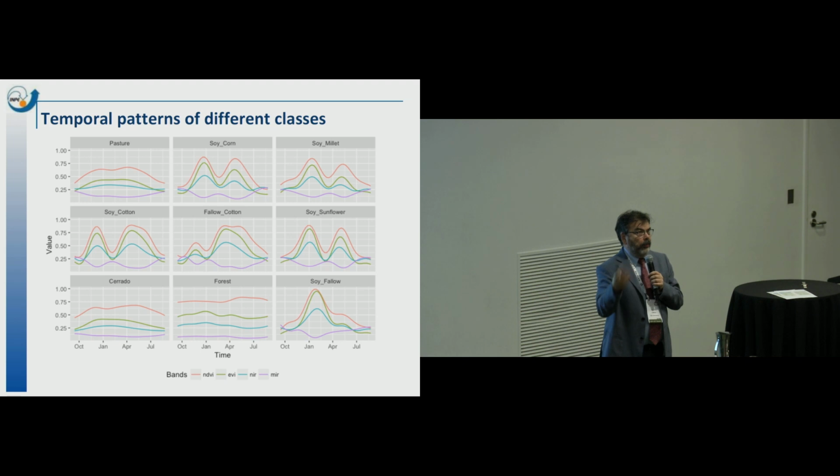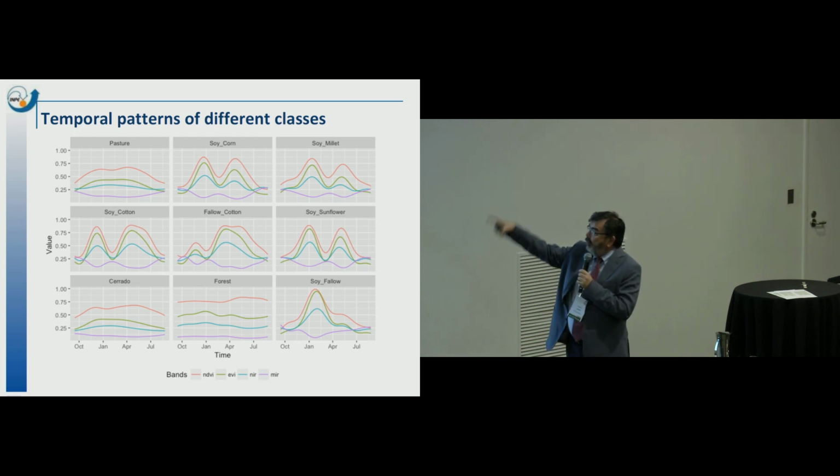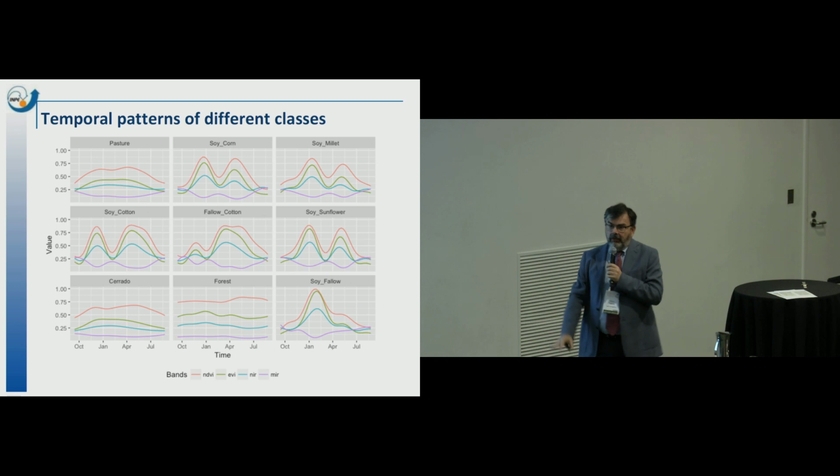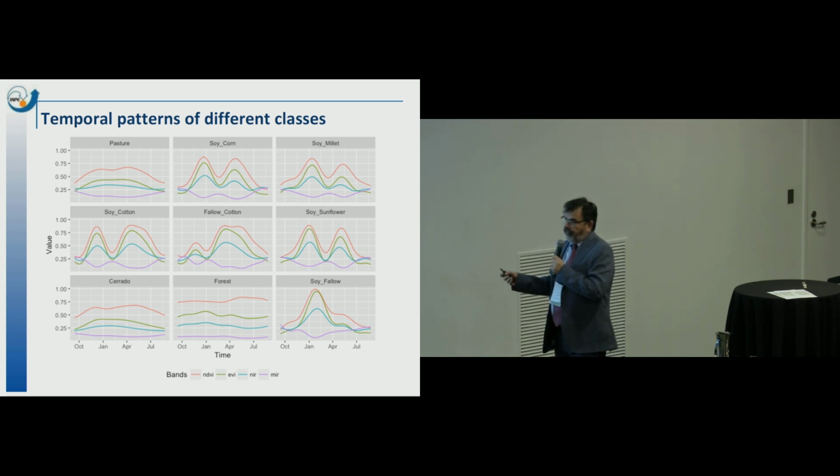So I cannot do public policy with that data because I don't know what's the impact of human actions. So you need to be able to separate, even though it looks tough, and it is, natural shrublands from pasture that comes from grasslands that you brought from Africa and planted in Brazil. Extremely important from the point of view of policy.